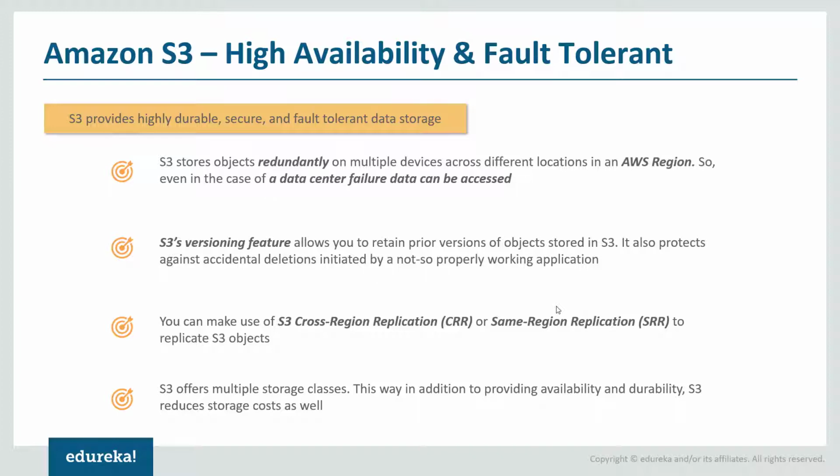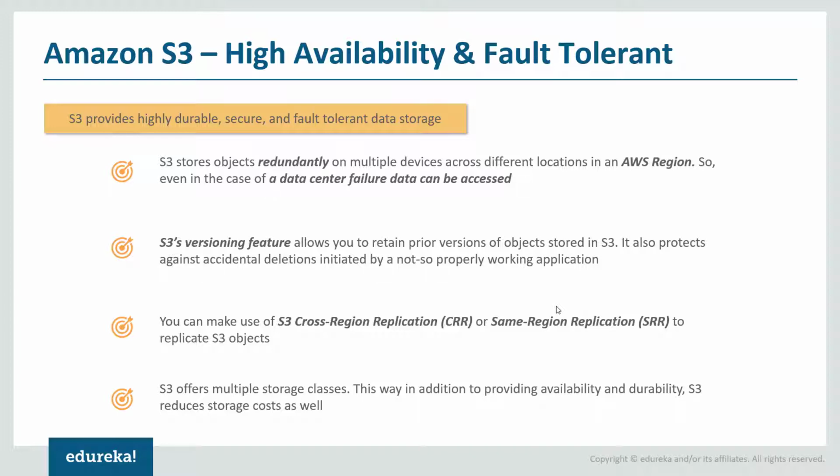And the benefit with S3 is it has a versioning feature. Once you enable versioning on an S3 bucket, at any point in time, you can go back and recover accidental deletions. S3 can be used for cross-region replication, or same-region replication.